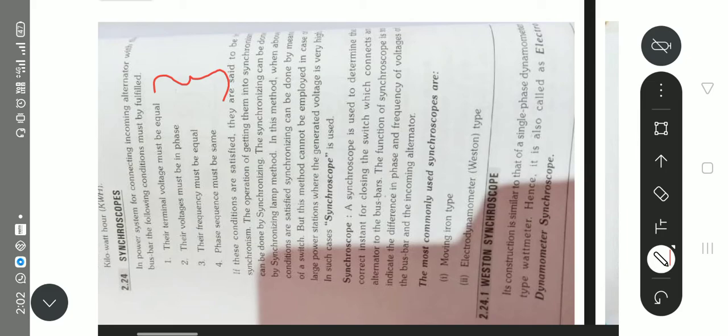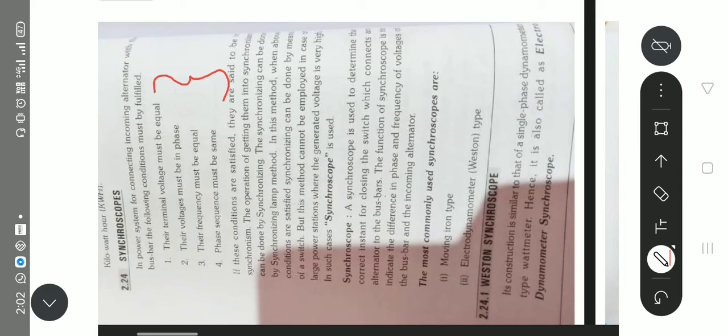Okay, the first one is the terminal voltage must be equal. Second one is their voltages must be in phase. Third one is frequency must be equal.